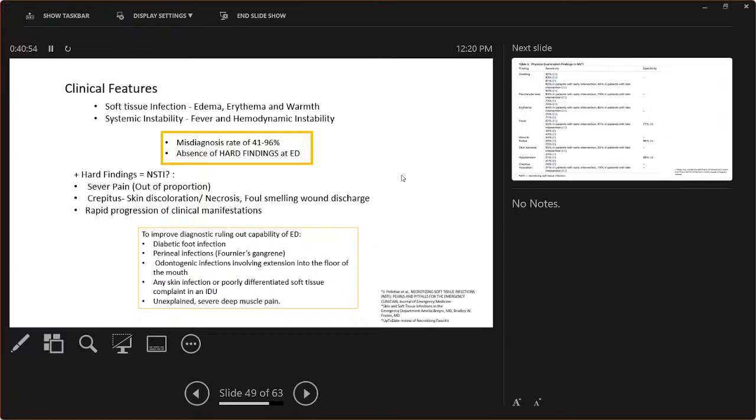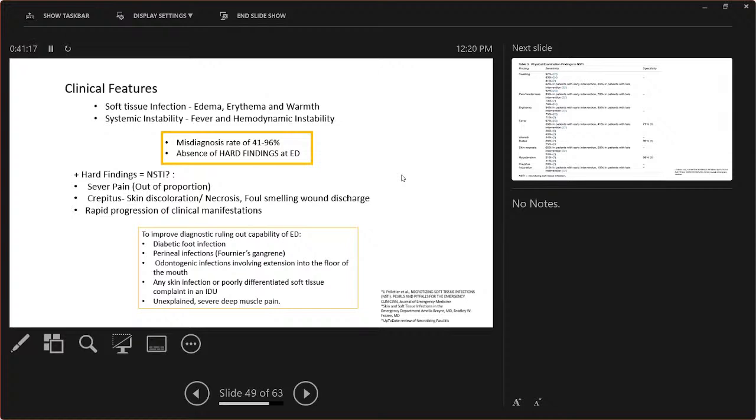Now coming to the clinical features. We know that there is a soft tissue infection: edema, erythema, warmth, associated with systemic instability, that is class 4 SSTI, fever with hemodynamic instability. Now, we should consider NSTI.